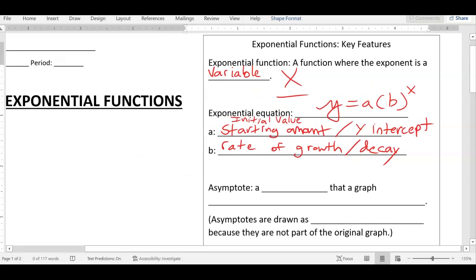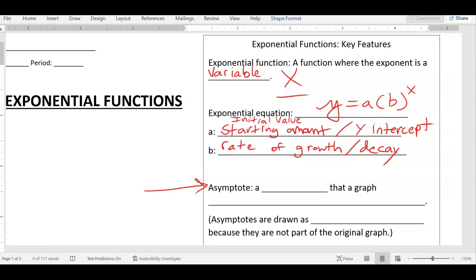Now, an asymptote, by the way, this word right here, it's kind of a weird word. The P is silent, kind of, so it's asymptote. Asymptote, okay? It is a line that a graph cannot cross. So an asymptote is like a boundary that you cannot cross.